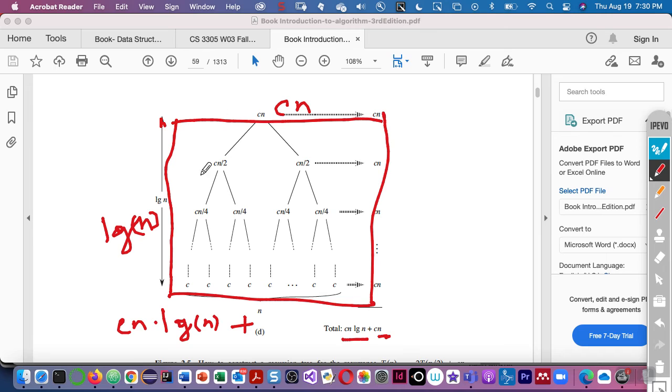This part is the splitting times, recursively solving times, and the third part, this part, is taking merging time, and merging time is cn. So the total is cn log n plus this cn.